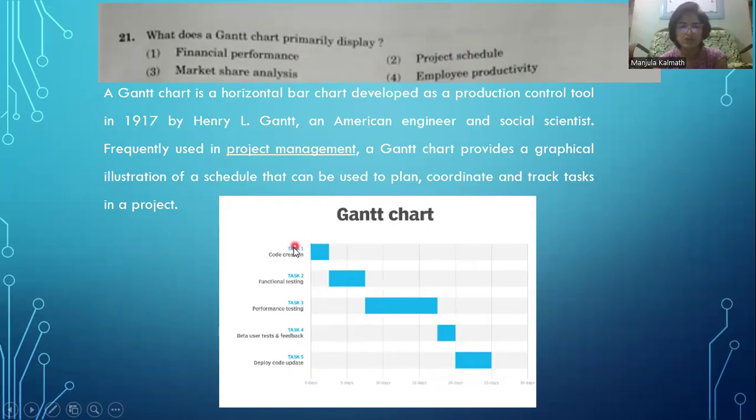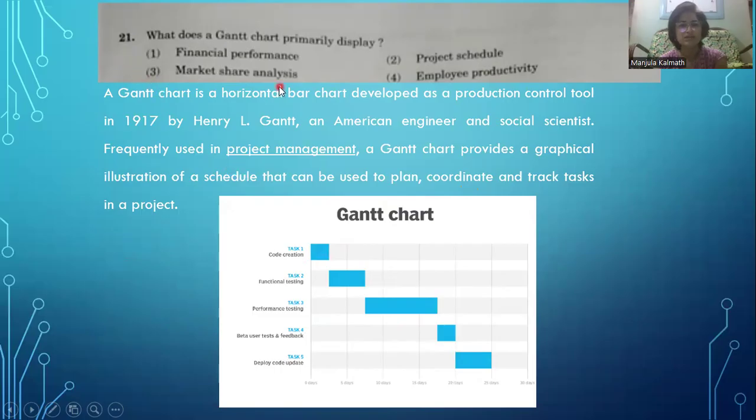It means the first task is required to be completed within 5 years, the second task within 10 years, and the third task within 20 years. Like this, we'll be drawing the diagrammatical representation of the schedule of the tasks.